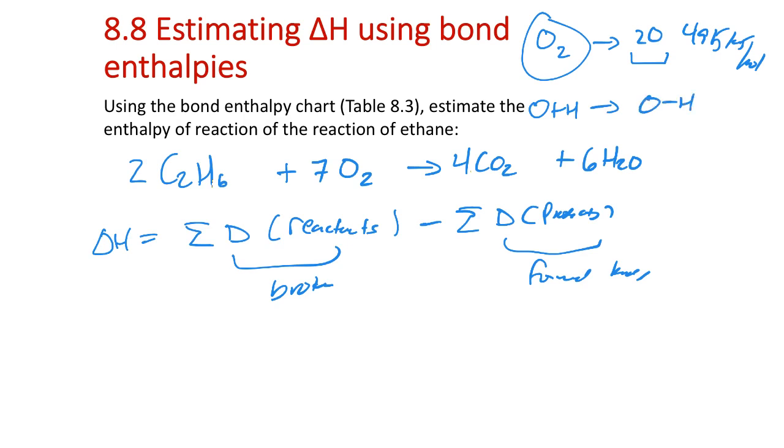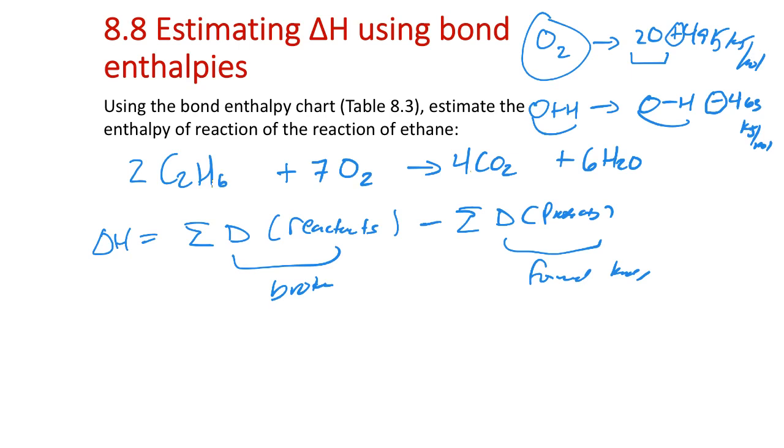The bond strength of OH is plus 463, so the value here would be minus 463 kJ per mole of OH bonds that we're making. So making bonds is exothermic, breaking bonds is endothermic.